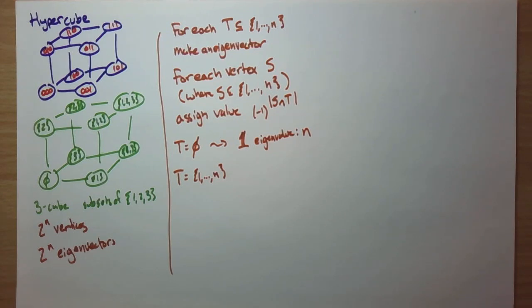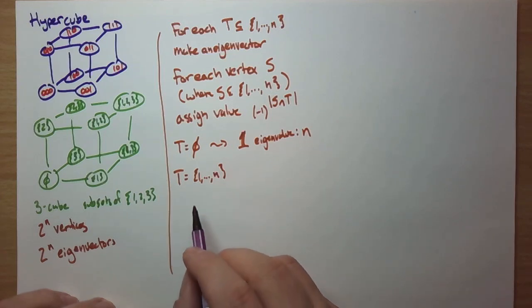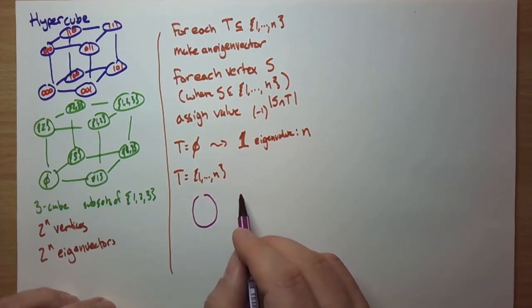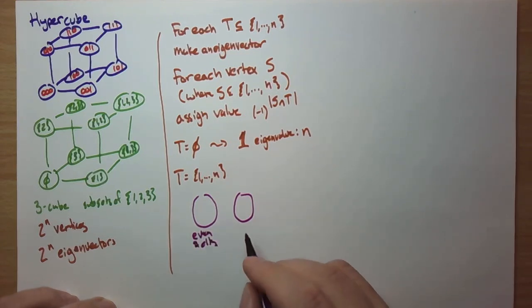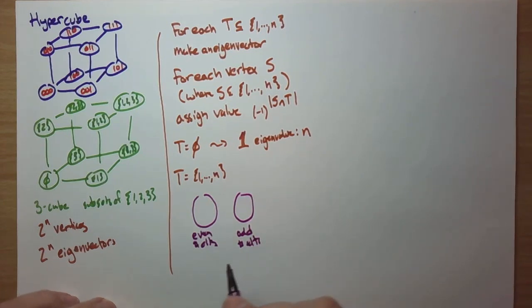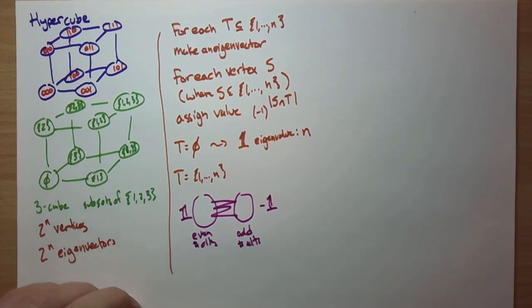It's like you split your vertices into two parts. Hypercubes are bipartite graphs, so you can split your vertices into an even number of elements and an odd number of elements. The only way you can form an edge is to differ in one element, so all the edges go in between. This eigenvector is all ones on one side and all minus ones on the other side, and so it's very nice.